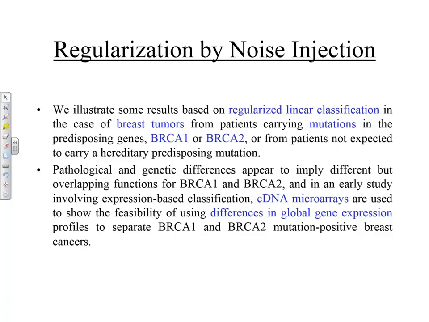These genes are called BRCA1, breast cancer 1, and breast cancer 2. If people have a mutation in that gene, they're more likely to develop breast cancer. So you want to see whether, by looking at the gene expression across the entire genome, or at least across the genes on the microarray, you can differentiate between the cases of breast cancer which are sporadic versus the hereditary ones, the ones with the mutations in BRCA1 and BRCA2.